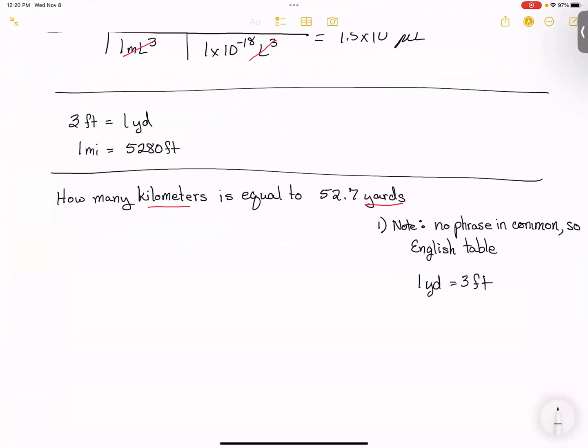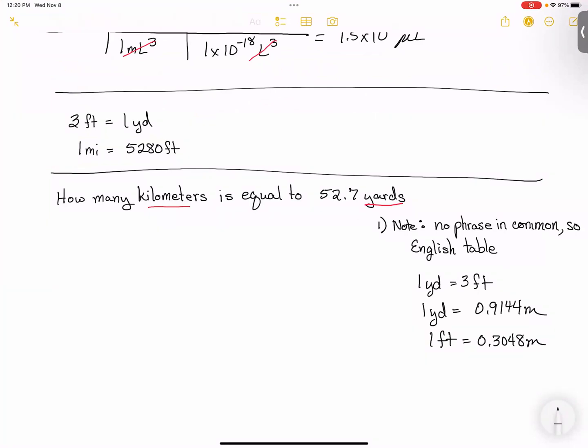Or I could use 1 yard is equal to 0.9144 meters. I could use the fact that a foot is equal to 0.3048 meters. There's a number of different directions I can head, in other words.